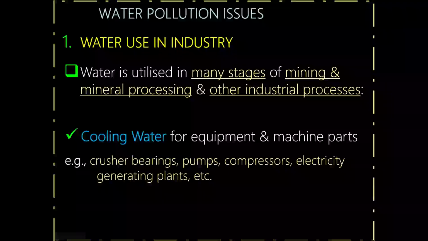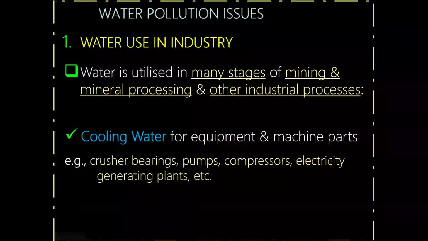What is this water used for in these industries? There are three main things that this water is used for. One, for cooling equipment and machine parts. You know, they generate heat, and to maintain this equipment, you have to cool it.